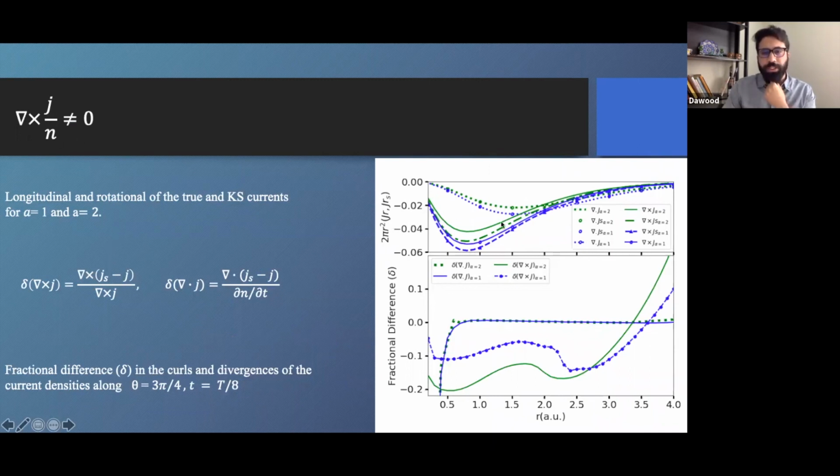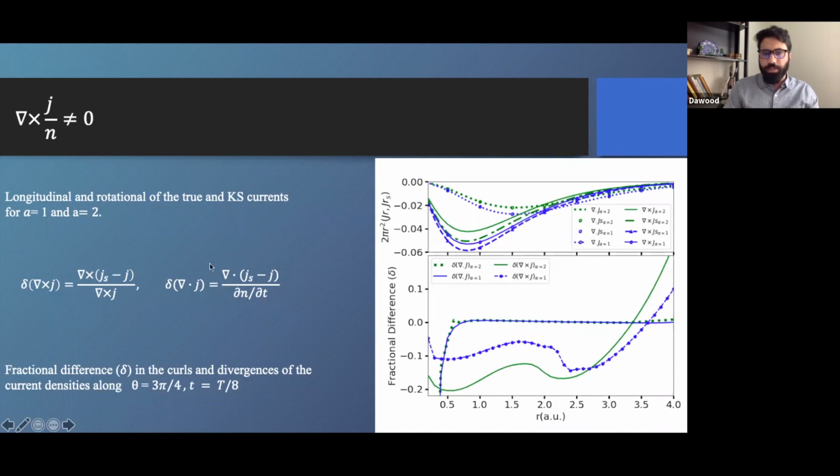So here we see the longitudinal and rotational components of the true current. As you can see, for a equal to 2 and a equal to 1, the longitudinal components are on top of each other, but there is a difference when it comes to the rotational components. They differ by some amount. To make sure that this is not a consequence of some numerical error, we compared the fractional differences in the curls and the longitudinal components.